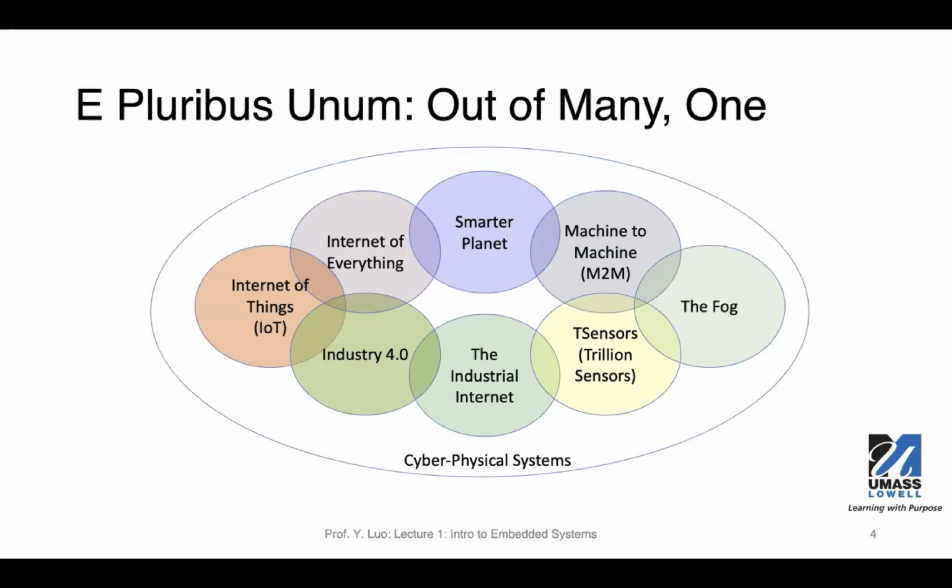Okay, here we have a nice picture. Do you know this E pluribus unum? I didn't know until very recently. This is actually the motto of the United States. And if you look at the coins that you have with you, you'll find such words.